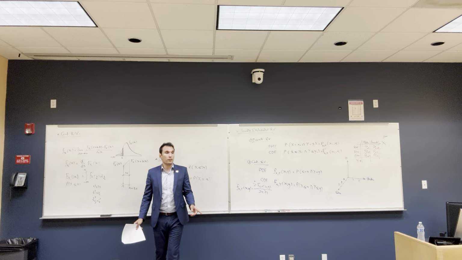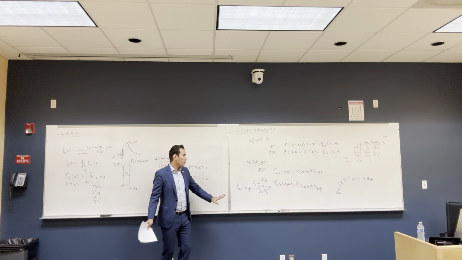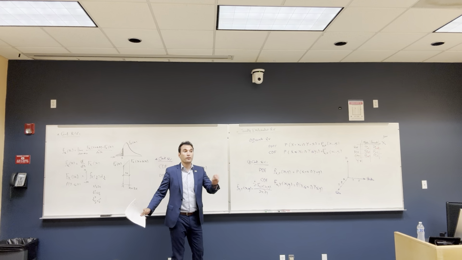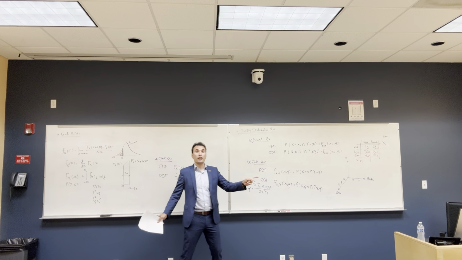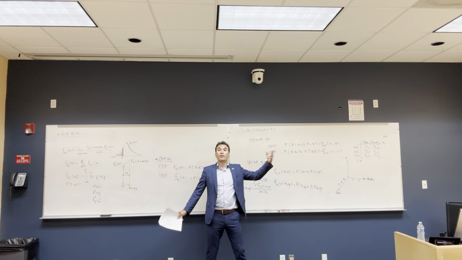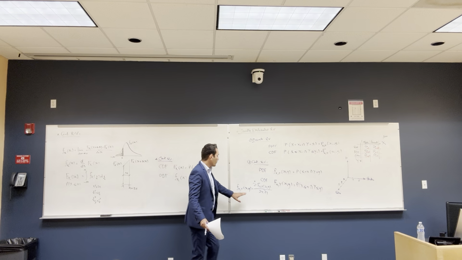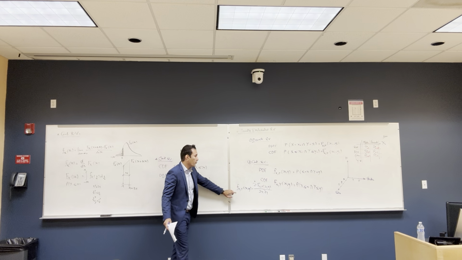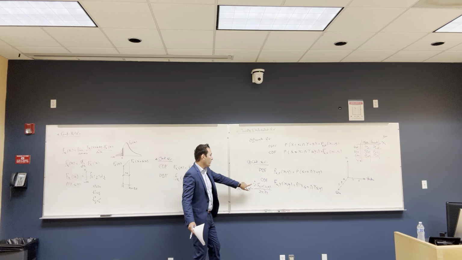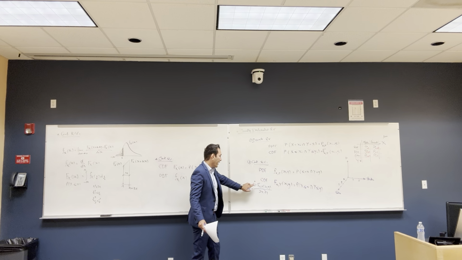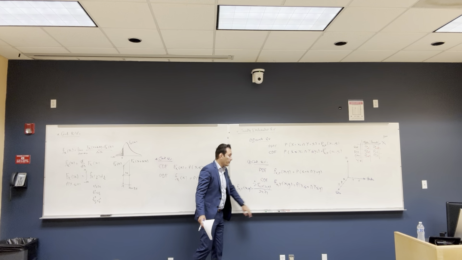Do you guys remember partial differentiation? We have already done partial differentiation before. If you have a function of two random variables, you can differentiate it with respect to the first variable and with respect to the second variable. So that's what we should do if we want to find small f of x, y out of capital F of x, y.